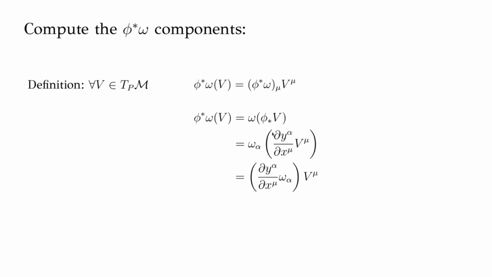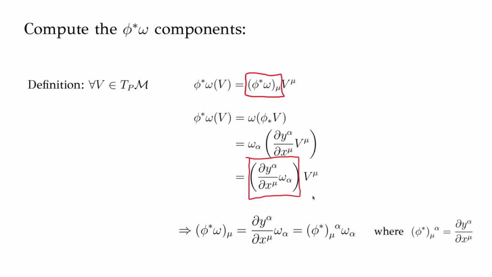But we know that the components of the vector phi star v are these ones. Therefore, this image is given by this relation. So, the action of phi star omega on v is given by this relation, and we can read off the components of phi star omega.